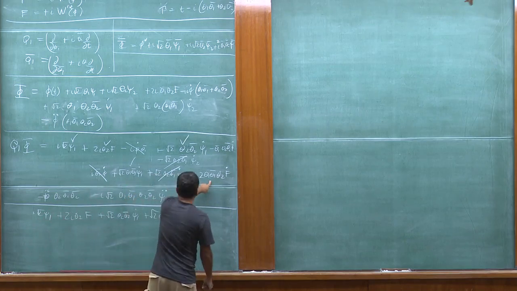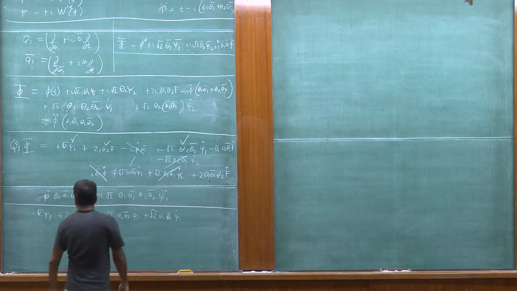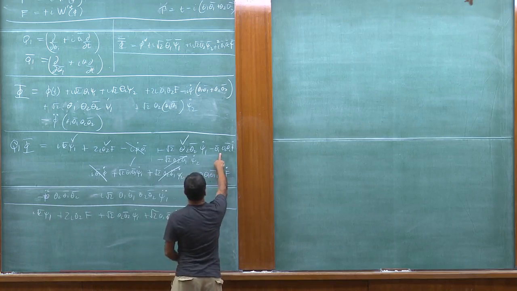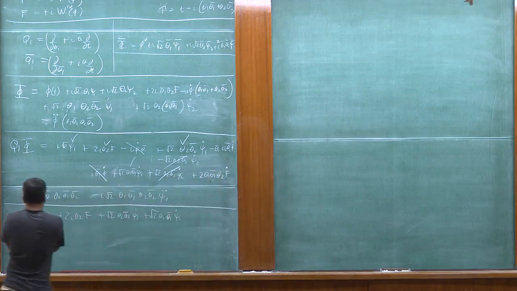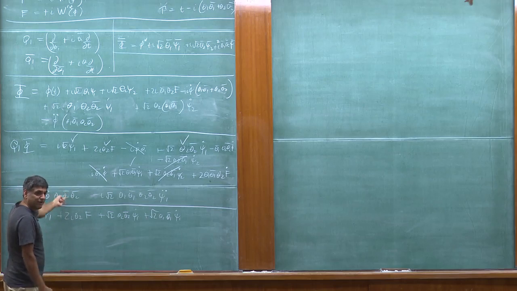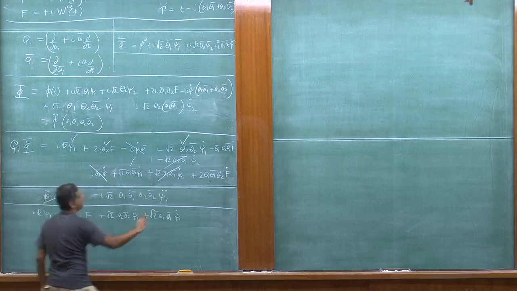Then there are the cubic terms, which were this guy, which is minus theta 1 bar theta 2 bar. And this is again minus, but the theta 1 bar and theta 2 are flipped, so they cancel.